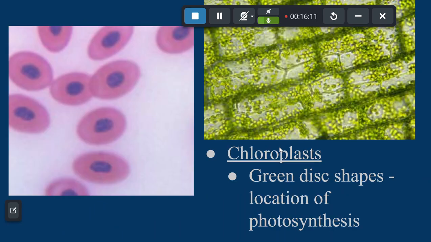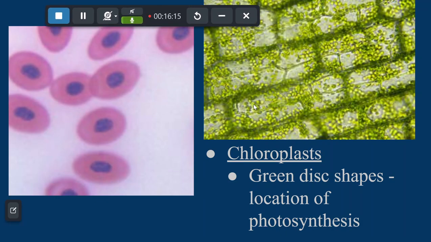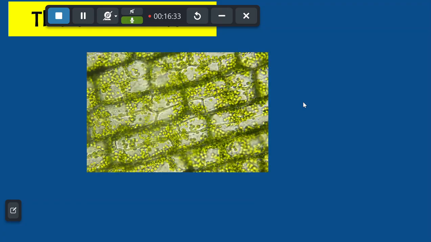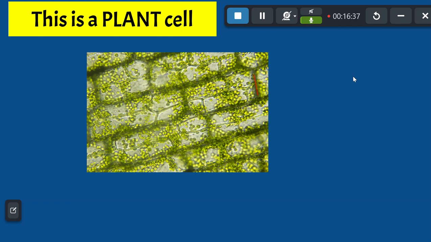All right, so we've got our two cells that we're going to be looking at, animal cells and plant cells. Plant cells have this cell wall, but plants also can have chloroplasts. And so this is a really good example of the chloroplasts. It's the green disc-like shapes that are where photosynthesis occurs. That's only going to happen in some plant cells. So this is a plant cell.